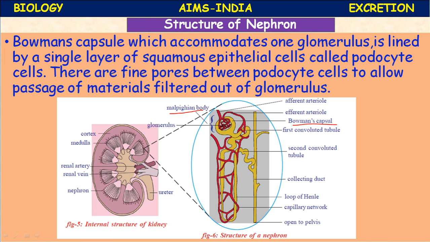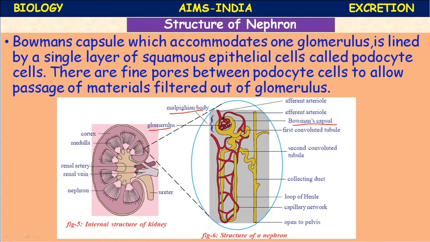Fine capillaries form a network, which forms the glomerulus. The glomerulus is lined by an epithelium called squamous epithelium, which will form special cells.